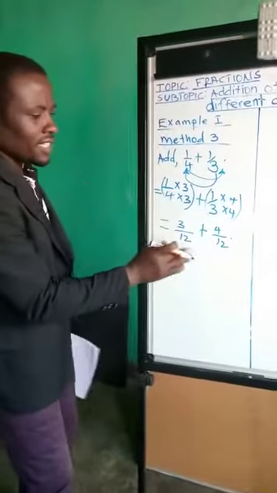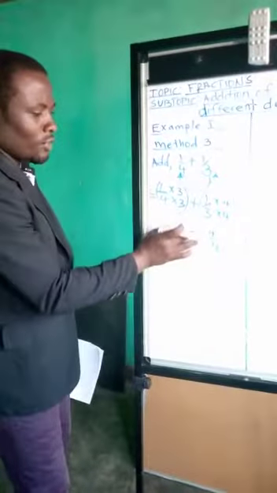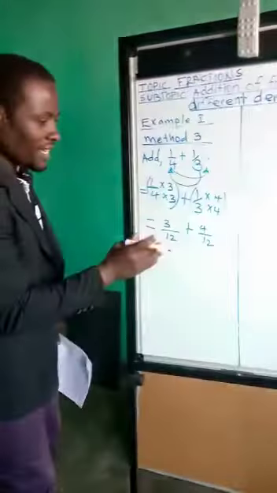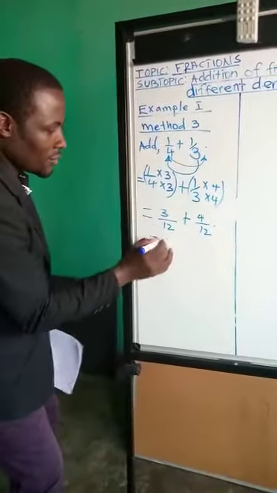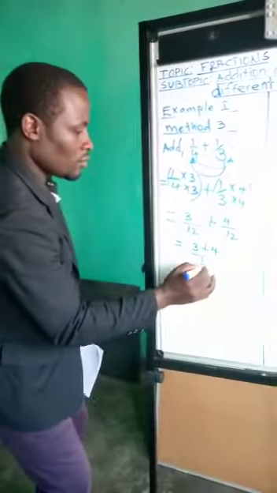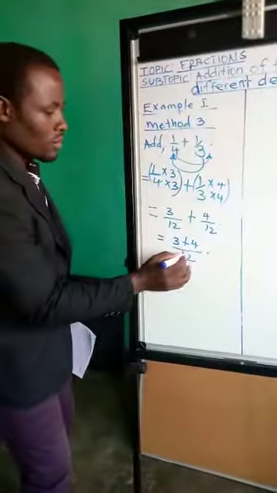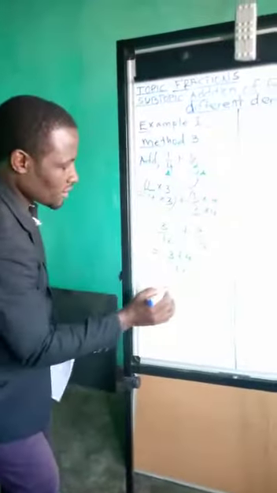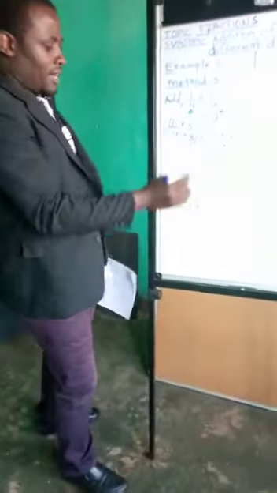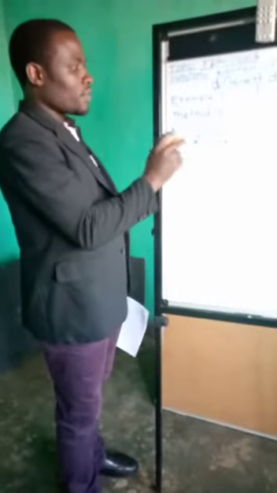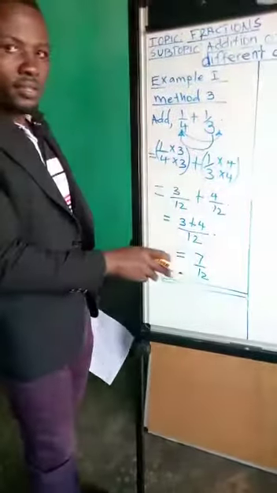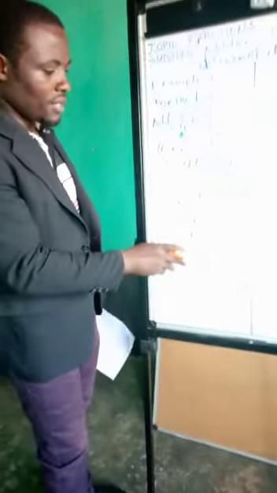It has given us fractions with the same denominators, so we simply add the numerators: 3 plus 4 out of 12, which gives us 7 out of 12. It has given us the same answer as in method 1 and method 2. Our final answer is 7 out of 12.